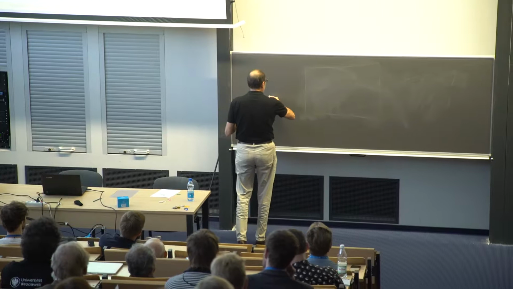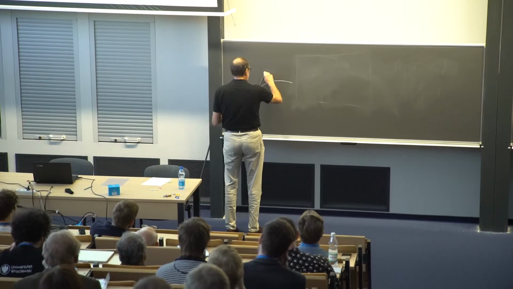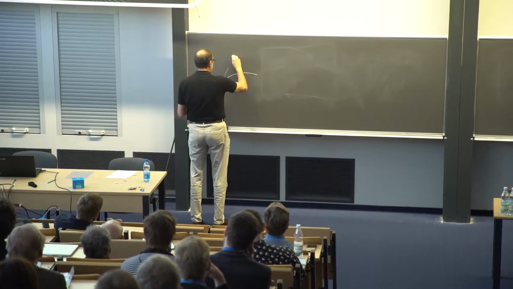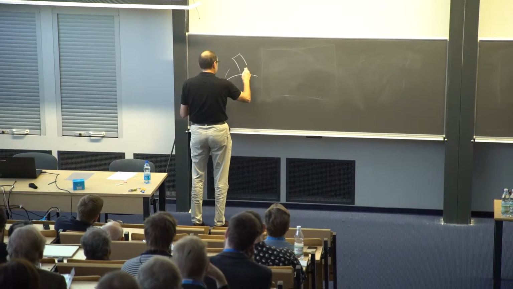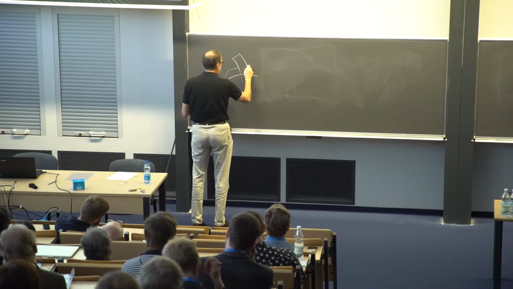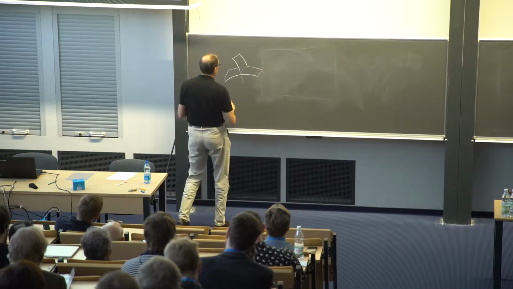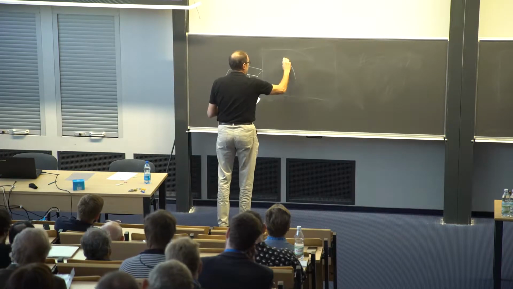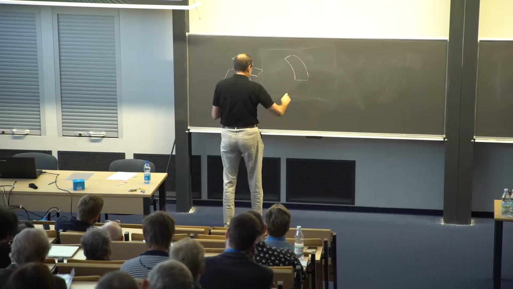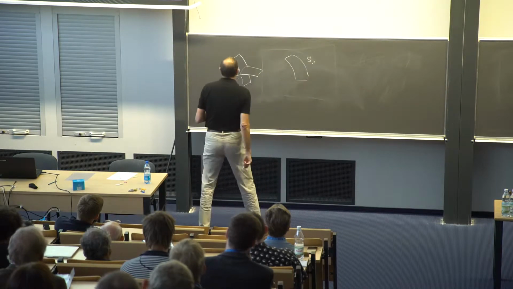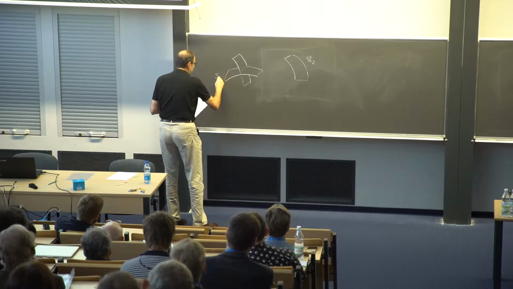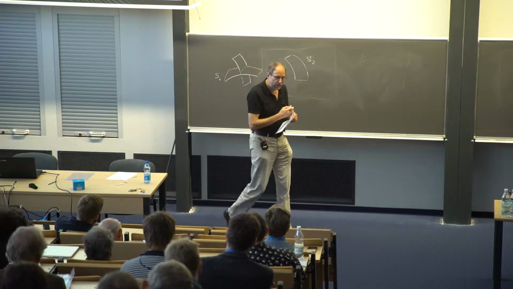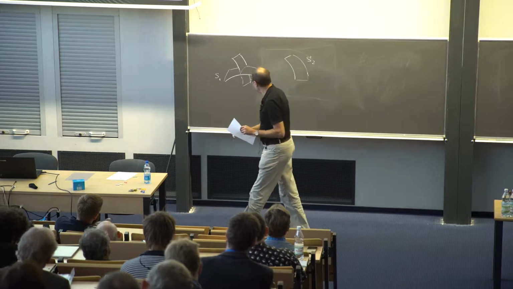Here is maybe your patch of surface S2, and you have another piece of surface S1. Now you translate them so that they intersect, and then you have an intersection curve.